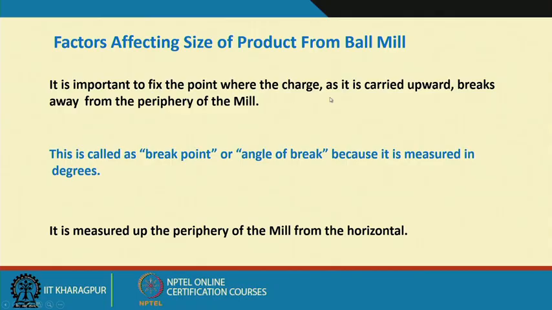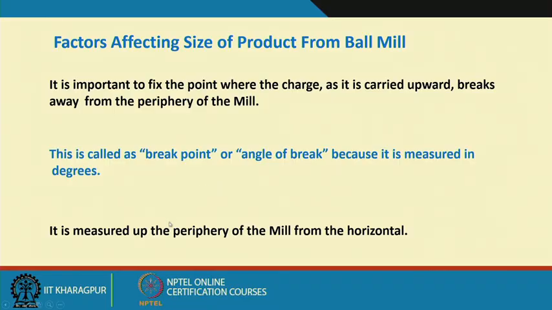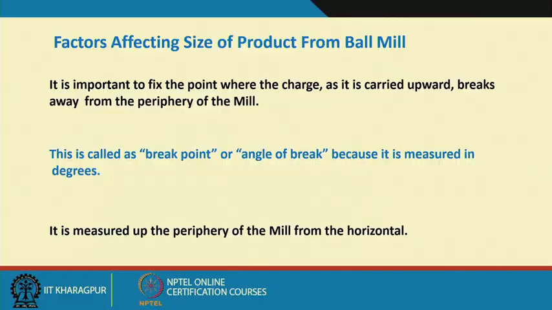This is called the break point or angle of break, because it is measured in degrees. It is measured up the periphery of the mill from the horizontal: if we draw a line horizontally, that angle is called the angle of break or break point.